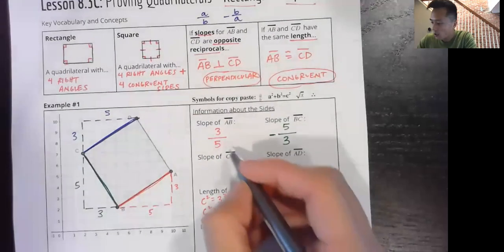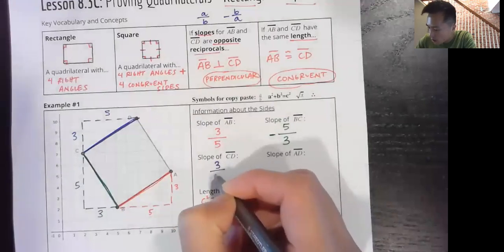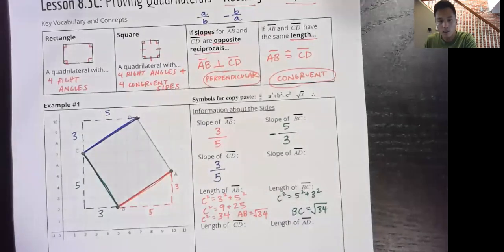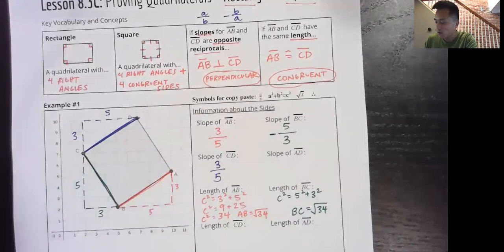So that would be change in y is 3, change in x is 5. The length of CD, it's also a slope triangle with 3 and 5. So it would also be c squared is equal to 3 squared plus 5 squared. I can skip some of the work because I've shown it up here. And so I can say CD is equal to the square root of 34.